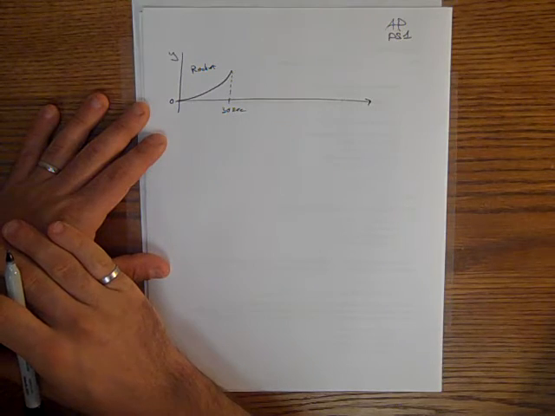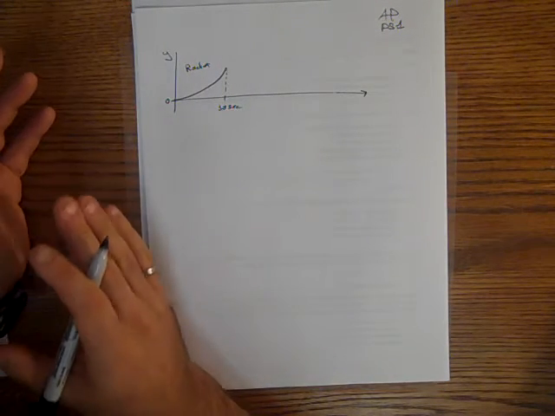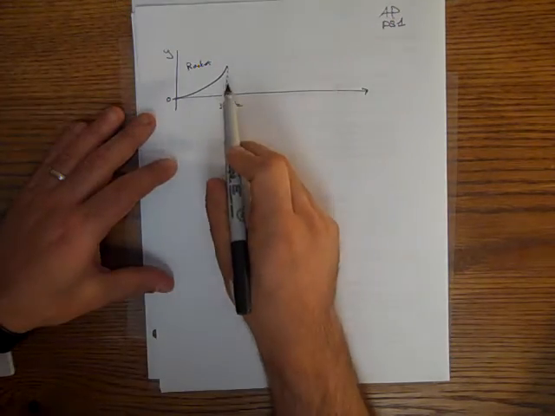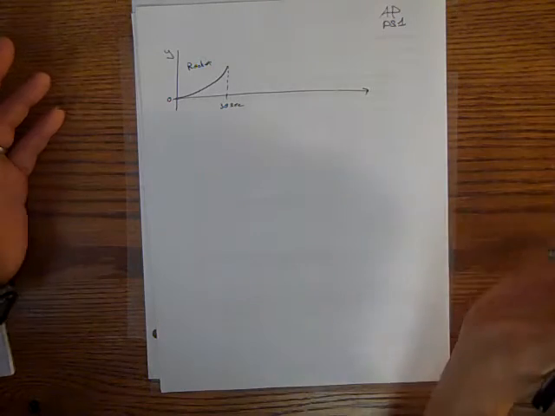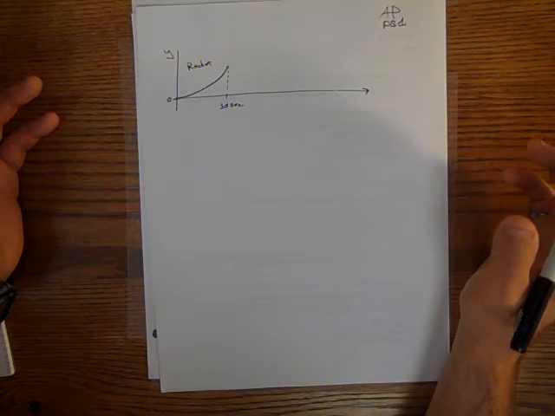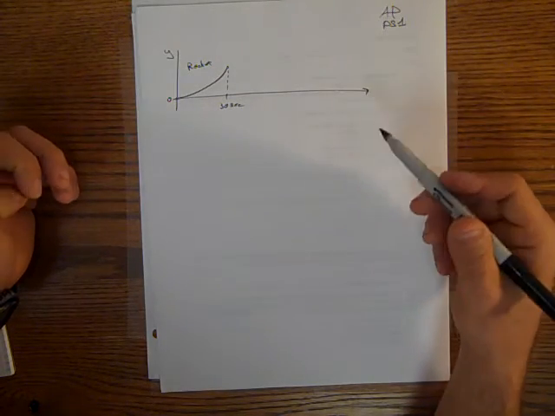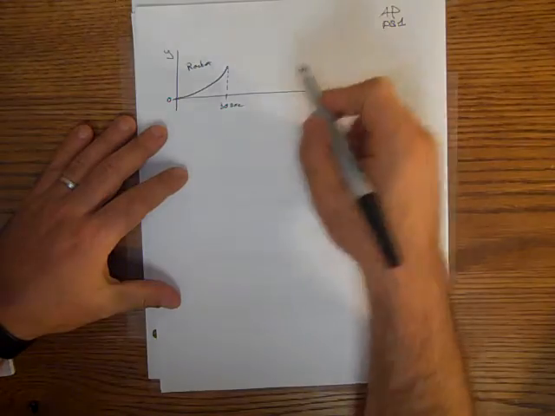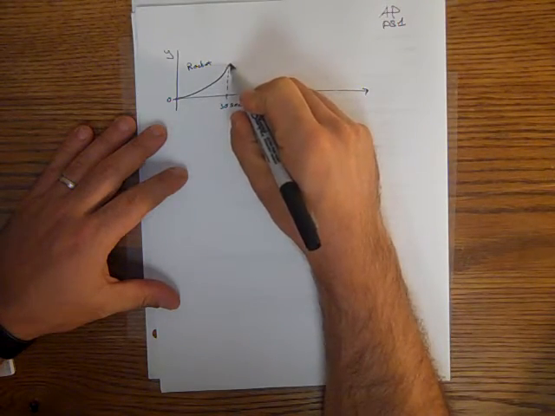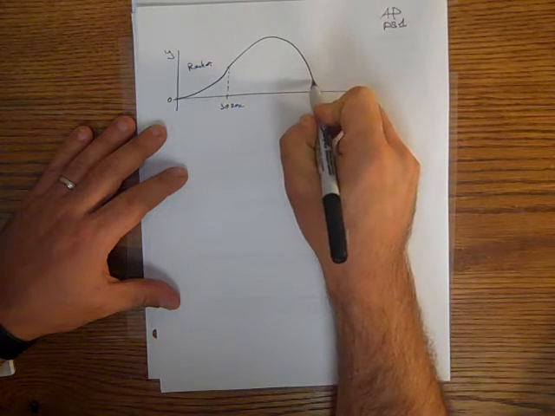All right. But then after that, it's essentially a free fall problem. But here's the tricky part. Right at 30 seconds, the rocket still has some velocity going upward, positive. And so very slowly, the rocket begins to slow down and then come back around. And so the curve kind of looks like this.